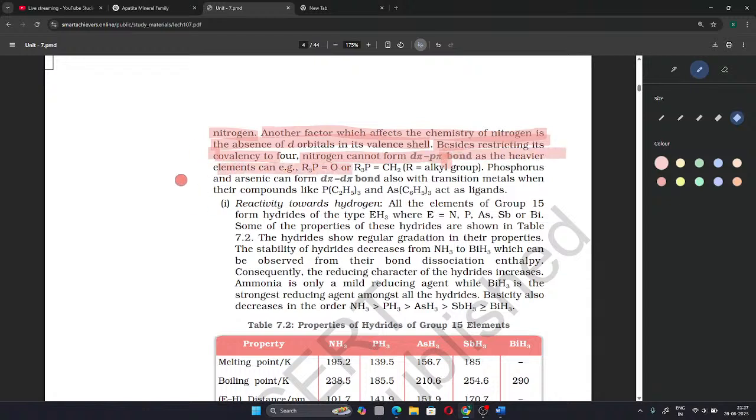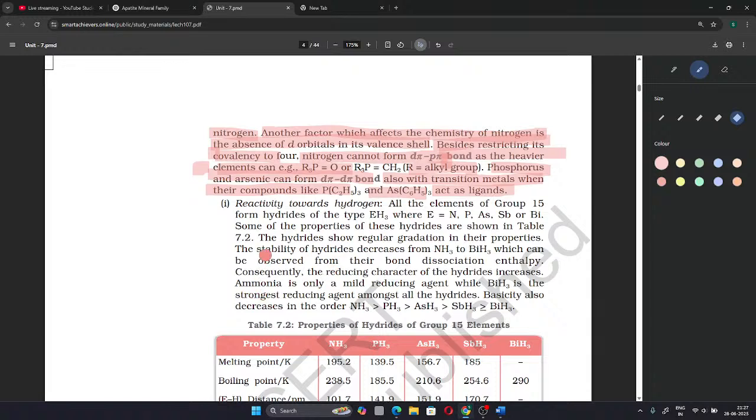Example, R3P double bond O, or R3P double bond CH2, where R is an alkyl group. Phosphorus and arsenic can form d pi and p pi bonds as well, also with transition metals, when their compounds act as ligands.